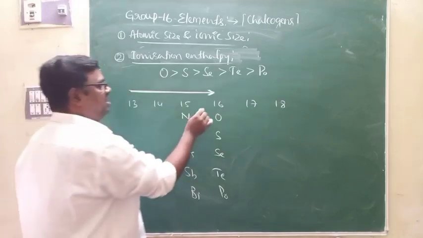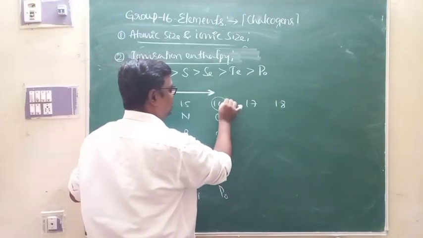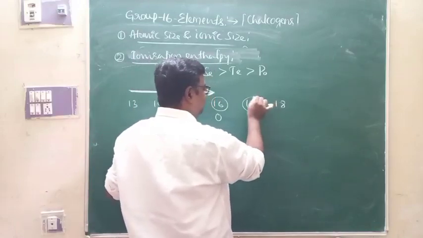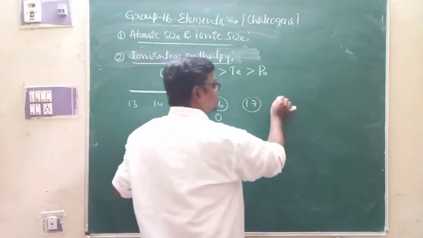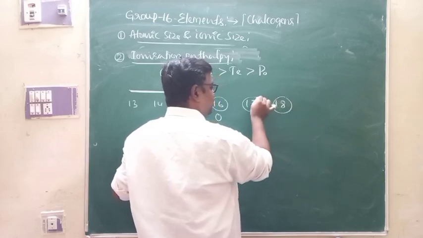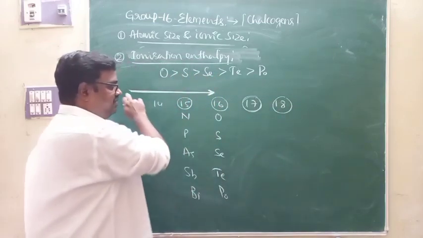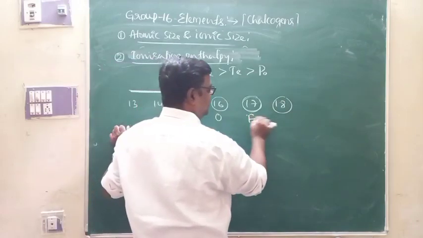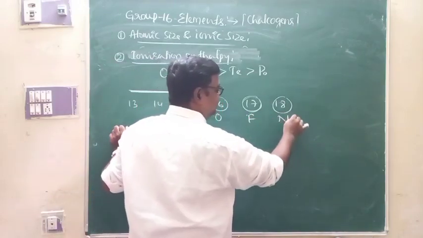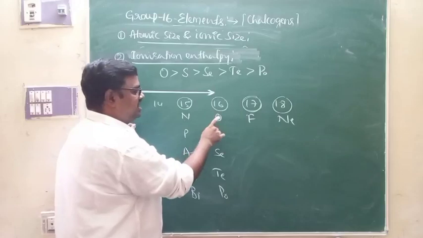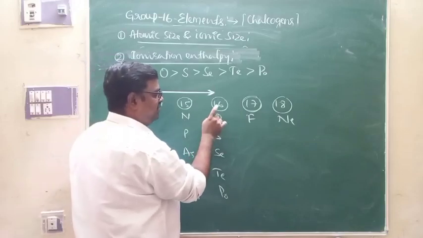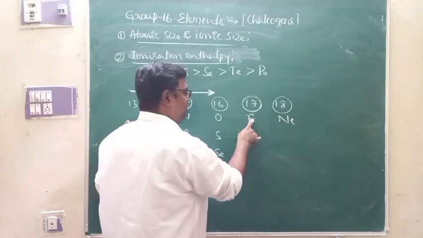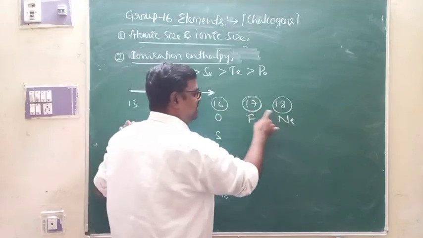According to this, ionization enthalpy of group 16 should be greater than group 15, group 17 greater than 16, and group 18 elements greater than 17. Moving left to right, ionization enthalpy increases. In group 17 there is fluorine, and here there is neon. According to this, ionization enthalpy of oxygen should be greater than nitrogen, fluorine greater than oxygen, neon greater than fluorine.